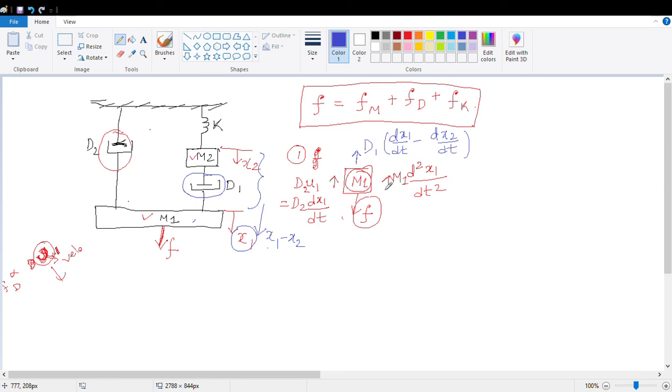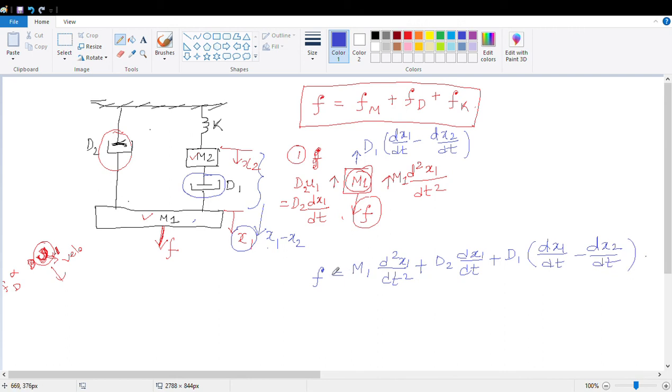Directly on the mass, we get from the free body diagram that three forces are opposing F. So if we write it in this form, F equals the inertia force M1 d2x1 by dt square, plus D2 dx1 by dt, plus D1 times dx1 by dt minus dx2 by dt.